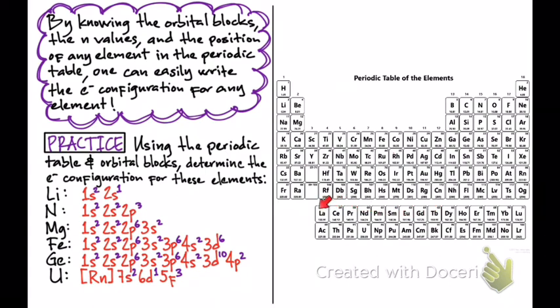The reason why is because the IUPAC, the organization that arranged the periodic table, decided to include the lanthanum and actinium along with the rest of these elements here because they have similar physical and chemical properties. But I'm not going to ask you on the test something too massive, right? I'm not going to ask you to write out an electron configuration of one of the heaviest elements in the periodic table. Just the simple ones.